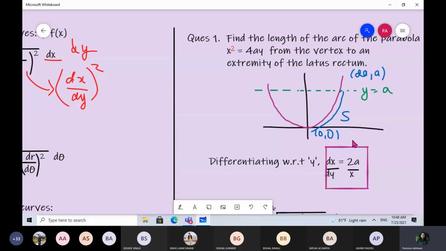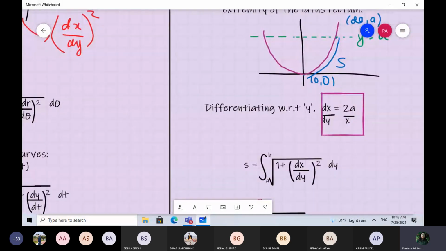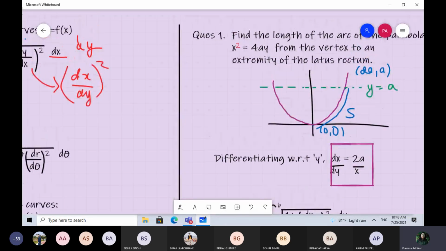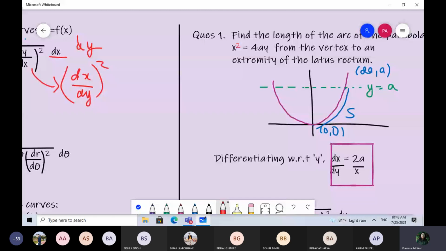Working in terms of y, your formula is root under 1 plus dx over dy square dy. So you need to calculate dx over dy first. So this is your function of integration. This is the function you are dealing with. So you will differentiate this function with respect to y.